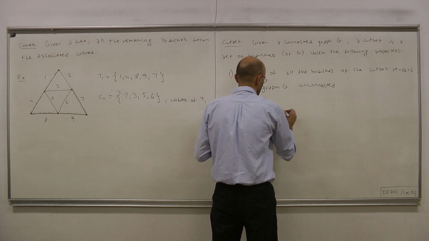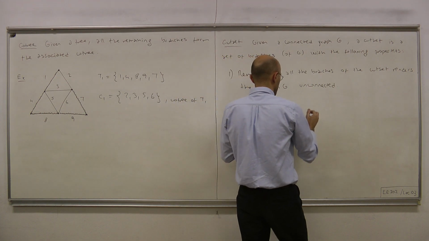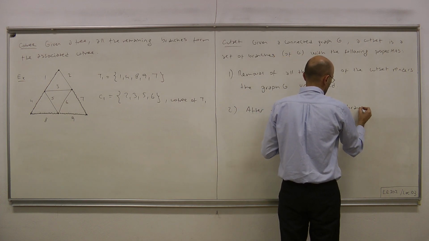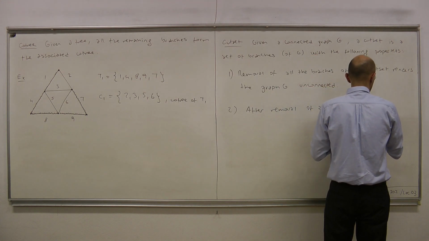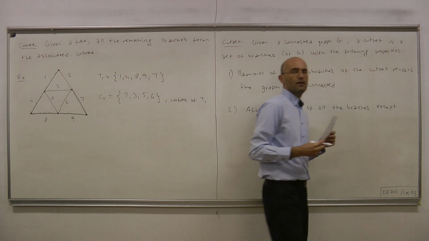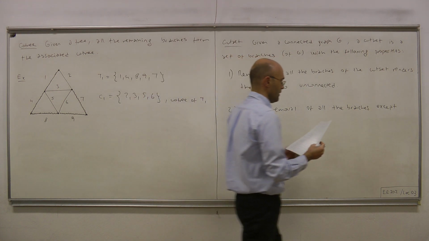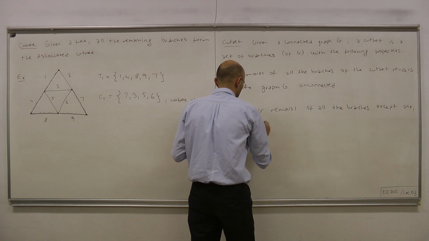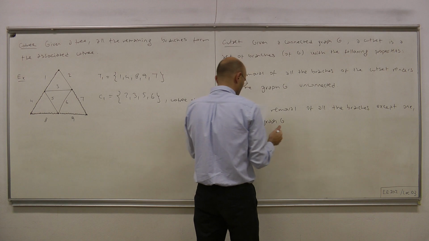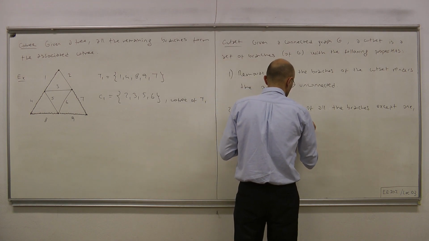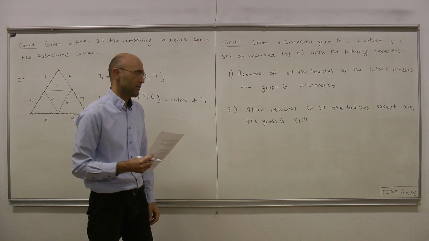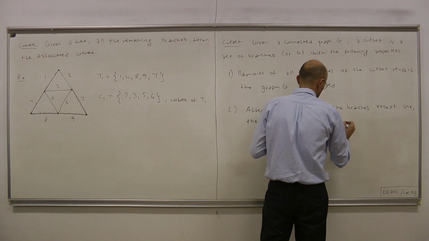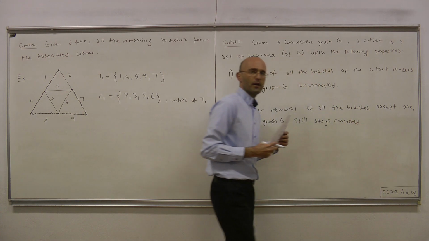After removal of all the branches except an arbitrary one, the graph G has to remain connected. Okay, it still stays connected.